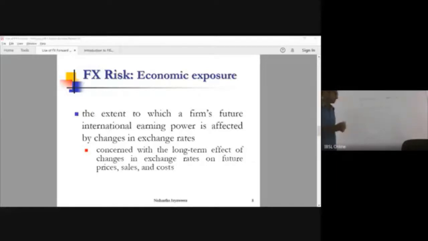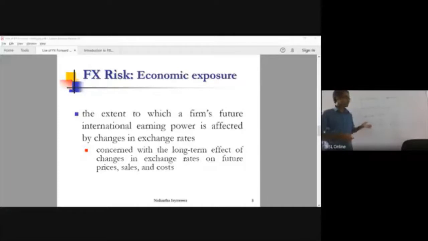In the previous tea exporter example, if the Euro LKR exchange rate goes down from 210 to 200, the price in terms of 2 euros will now be 2.1 euros.